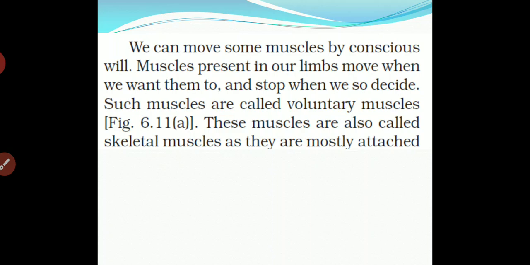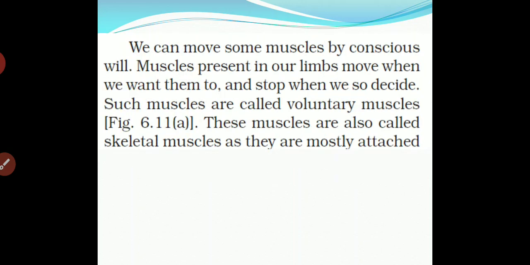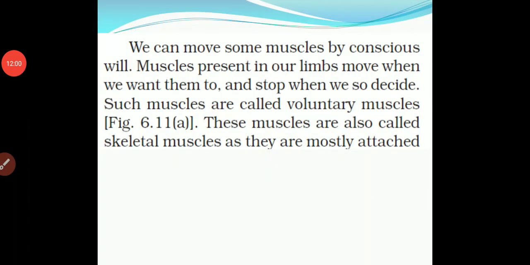These muscles are also called skeletal muscles as they are mostly attached to the bone. The voluntary muscles are said to be skeletal muscles because they are directly connected or attached to the bone. So this muscle is also known as voluntary muscle as well as skeletal muscle. Why do we call it a skeletal muscle?